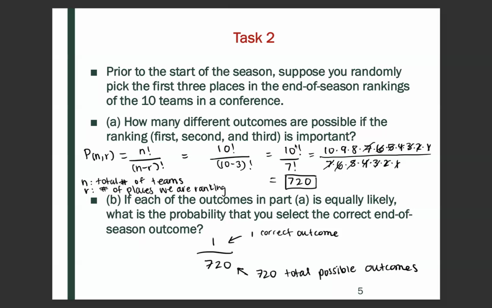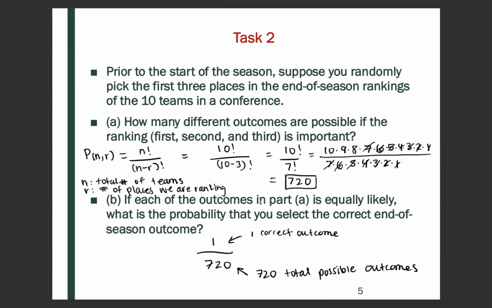So it's essentially 10 factorial divided by 7 factorial. A factorial is just that number times every number below it, like n minus 1, n minus 2, and so on. So if you were to simplify, that's 10 times 9 times 8, which is 720.